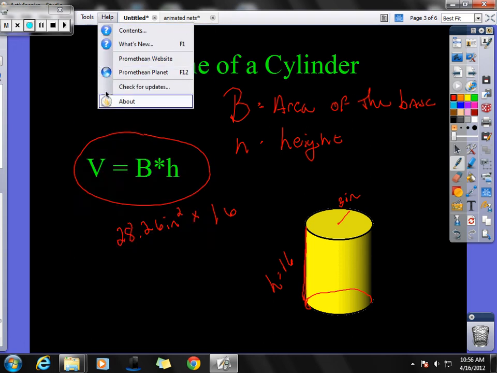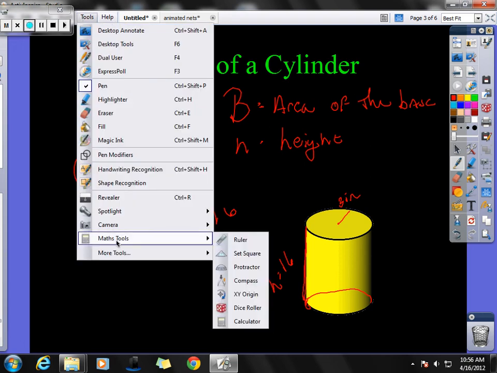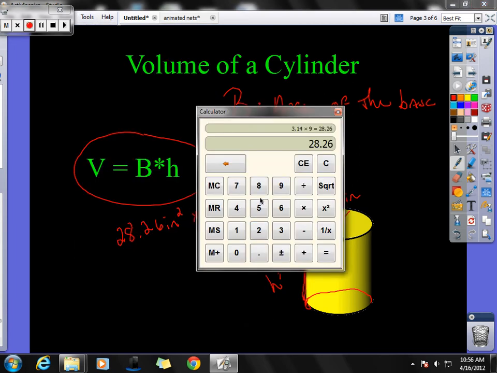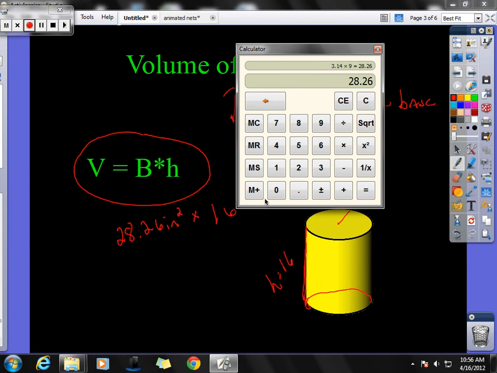So we'll go grab our calculator. Whoops. And we are going to multiply 28.26 times 16. The volume of that cylinder would be 452.16.